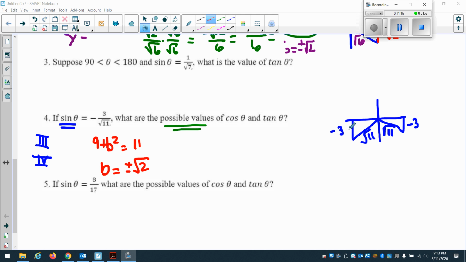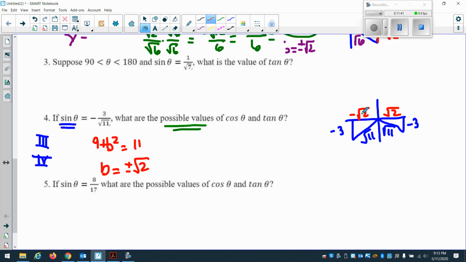Well, in the third quadrant, is this side length positive or negative? It's negative. In the fourth quadrant, is this value positive or negative? It's positive. So right now, you see we could have two possible cosine values and two possible tangent values.